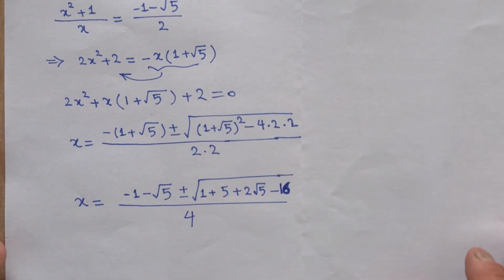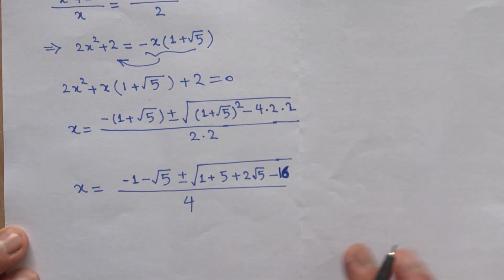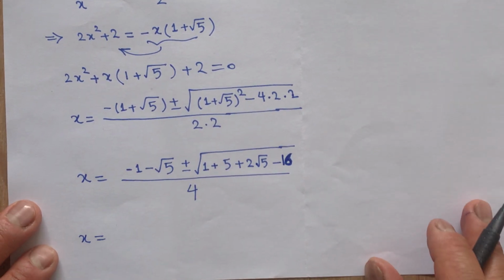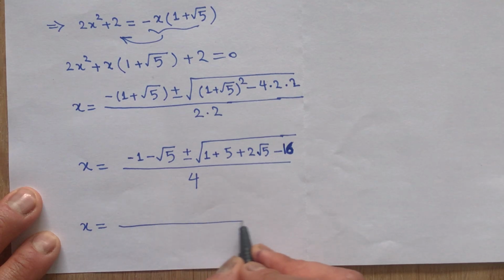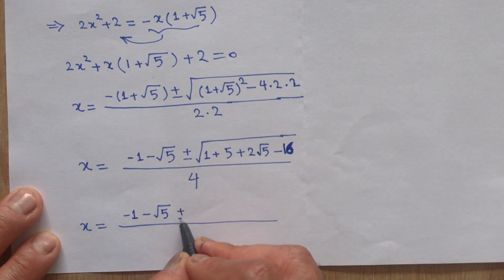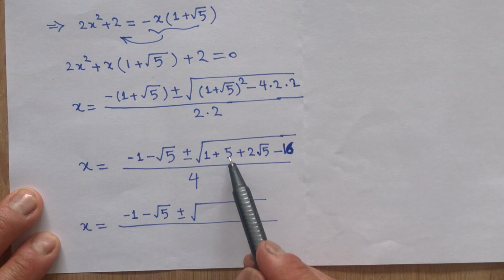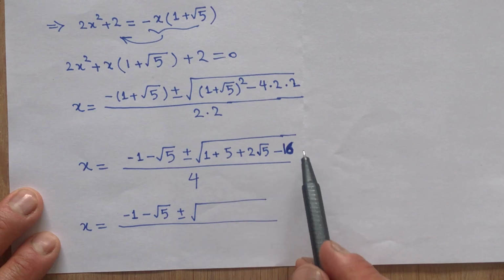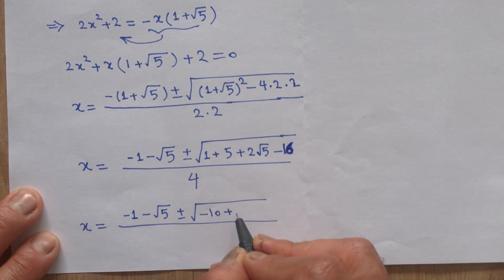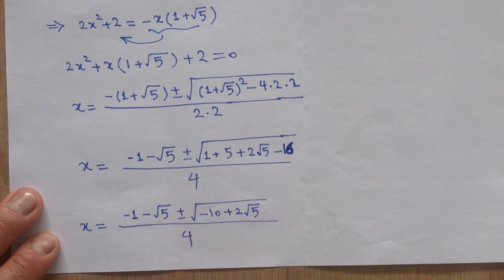The same procedure as the previous case, only minus here. So x equals minus 1 minus square root of 5 plus minus, 1 plus 5 is 6, 6 minus 16 is minus 10, plus 2 square root of 5 over 4.